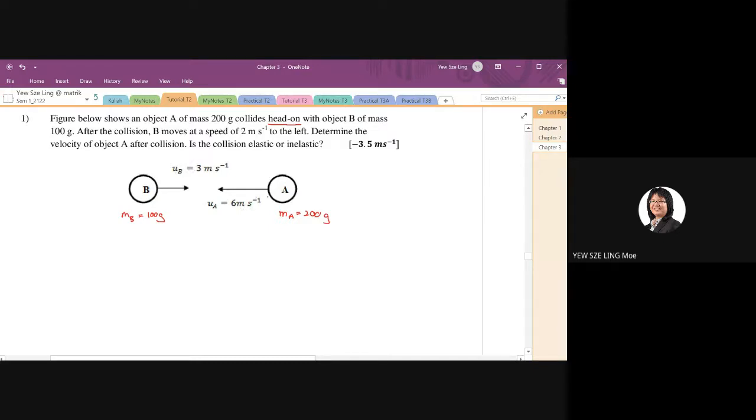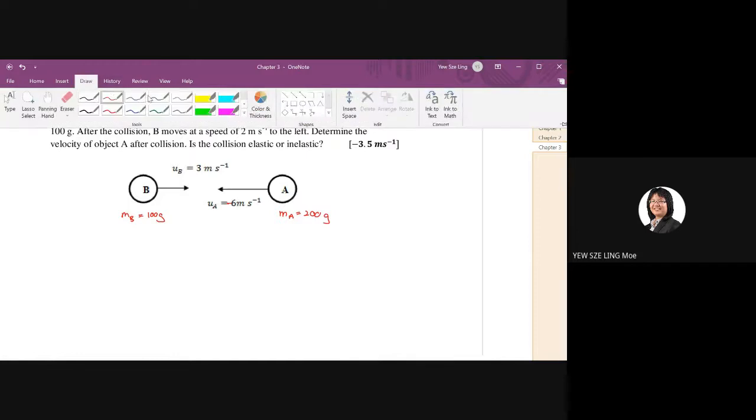If you look at the diagram, UA is going to the left, so UA should be a negative value according to the diagram. So this is negative 6 meters per second. After collision, B moves with a speed of 2 meters per second to the left.